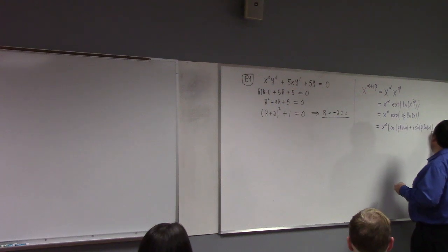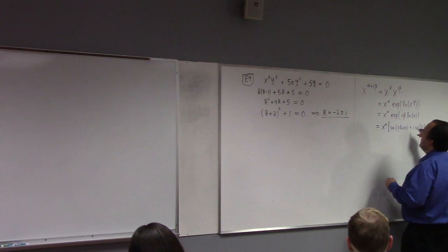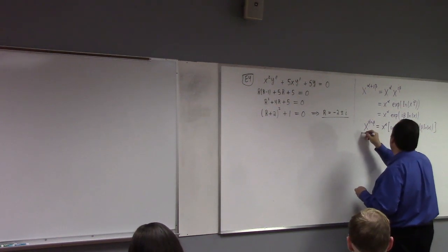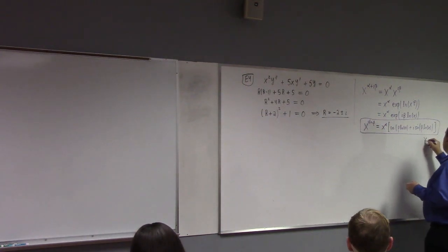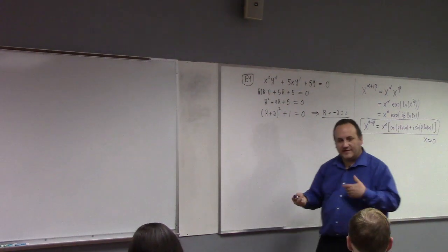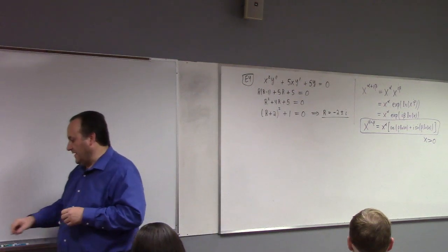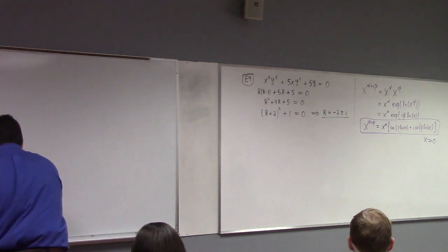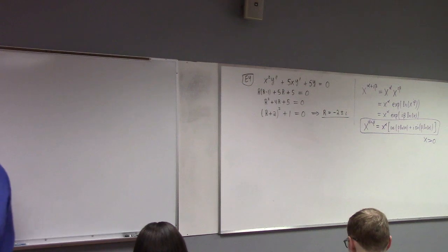For all intents and purposes in this course, this serves as our definition for x to the alpha plus i beta. And for the sake of common human decency, we're going to assume that the context here is x greater than 0. If x is less than 0, then you have to replace x with the absolute value of x. Big deal. So with that context, we can now write down a complex solution to this Cauchy Euler problem. What is my complex solution?